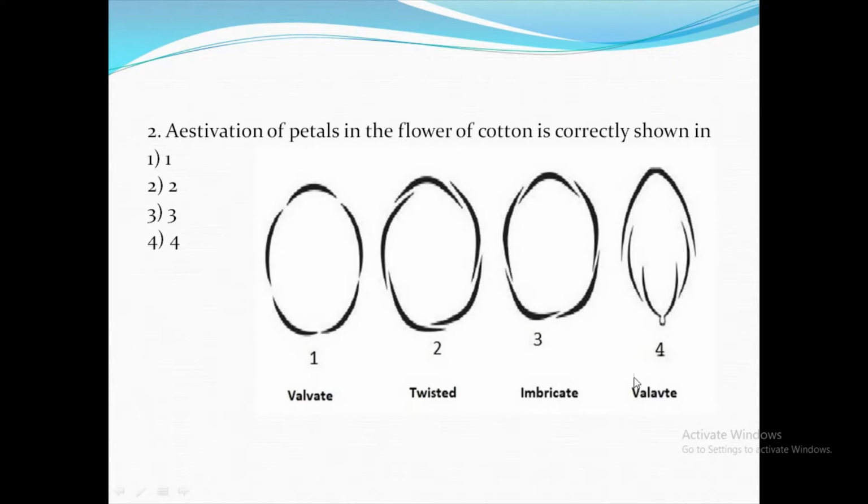In vexillary estivation, there is a large petal that overlaps two smaller petals. These two smaller petals in turn overlap the smallest petals. So here the answer for estivation in cotton is the second one, that is twisted estivation.